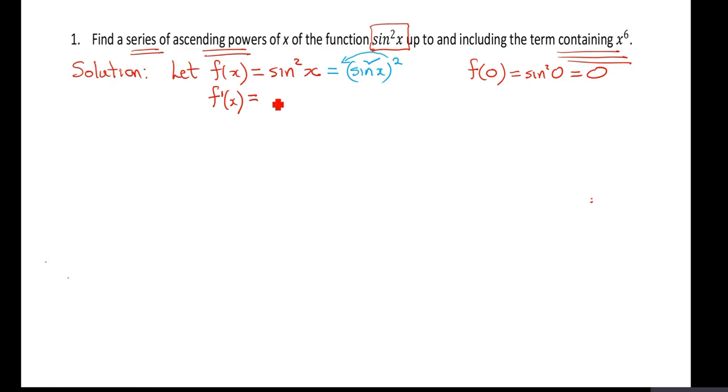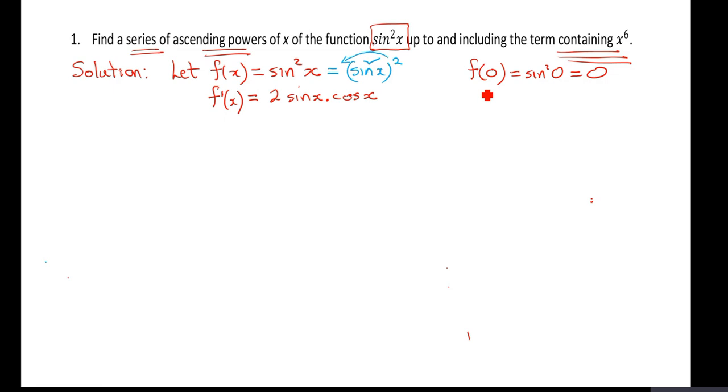Getting back to this, 2 times sine of x, that's the derivative of the exponent 2. Now I differentiate the argument of sine of x squared, which is cos of x. So there I get my first derivative, 2 sine of x times cos of x.